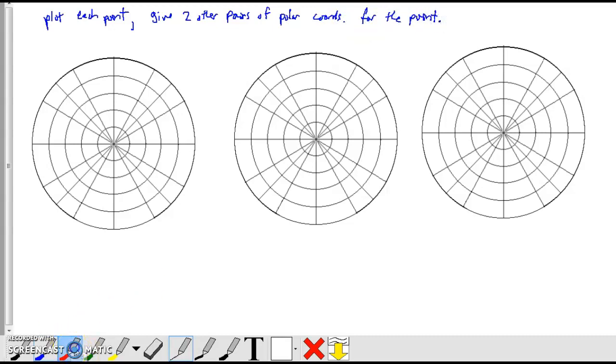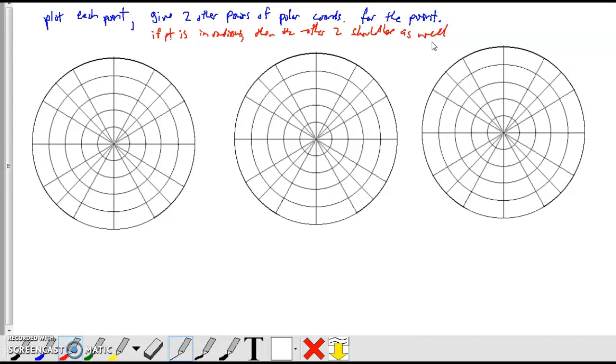Okay, if the point is in radians, then the other two should be as well.